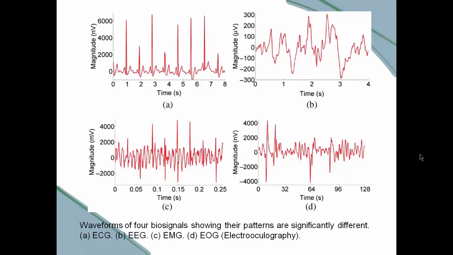Versus over here, we're looking at an EEG, that which we're going to eventually get into exclusively, and you can see here that it's certainly not anywhere near as periodic as an ECG, but there's some periodicity there.